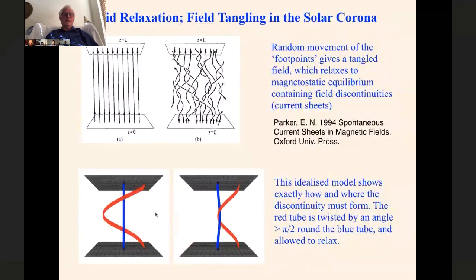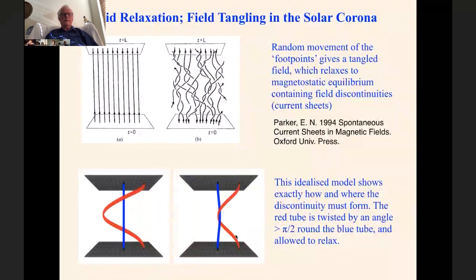Here's an idealized geometry again of two simple flux tubes. So an initial configuration in which the red tube is wound round the blue tube in a partial helix, wound round through 2 pi, allowed to relax.